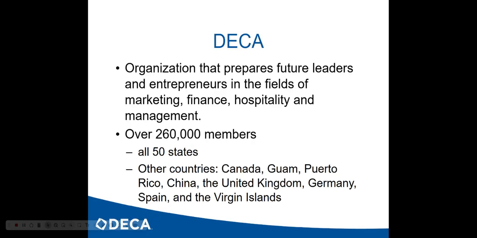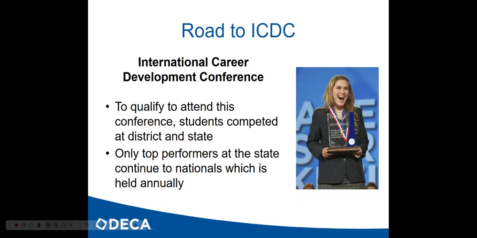A little bit about DECA. We prepare students, our future leaders and entrepreneurs, in fields of marketing, finance, hospitality, and management. We have over 260,000 members around the globe, in all 50 states and several other countries.